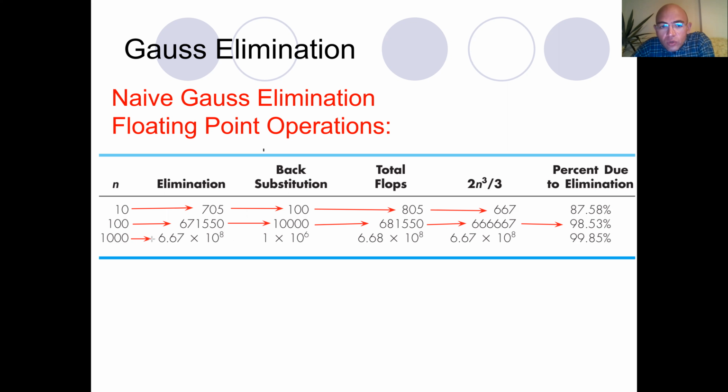And it goes like this for 1000. Again, it's 6.67 multiplied by 10 to the power 7, and for the back substitution you need 10 to the power 6. It's n squared for the back substitution, and total floating point operations are of this order.